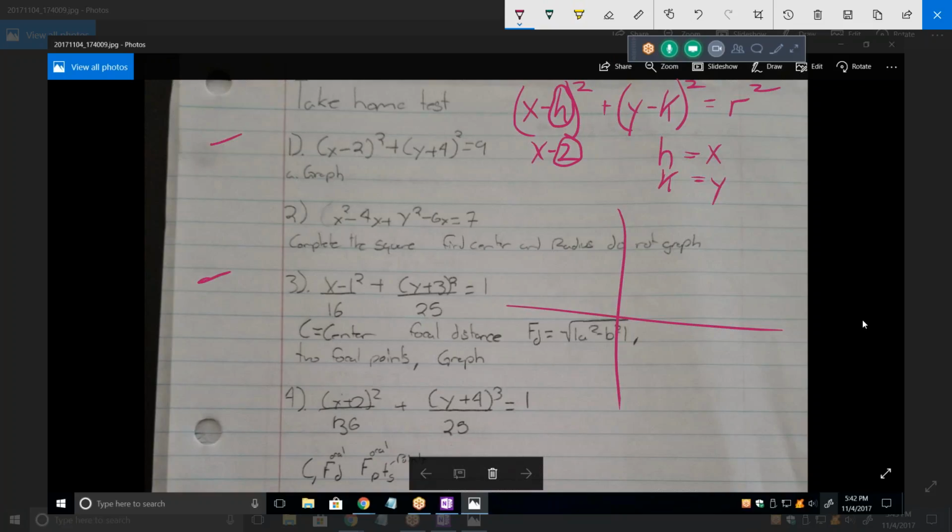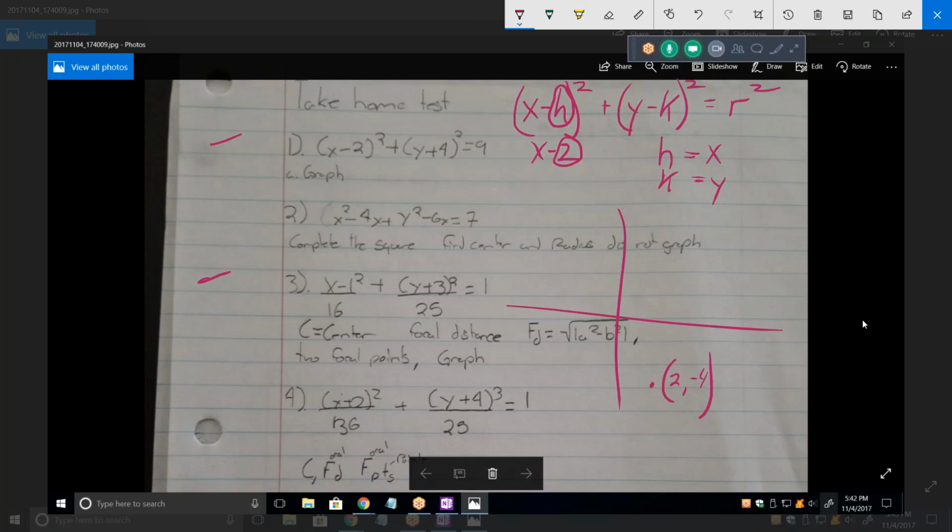Would K be positive or negative 4? Negative 4. If K were positive 4, this would have to read y minus 4. The fact that it reads y plus 4 means K has to be negative 4. So if I graph this, I go to 2, negative 4. There's my center at positive 2, negative 4.